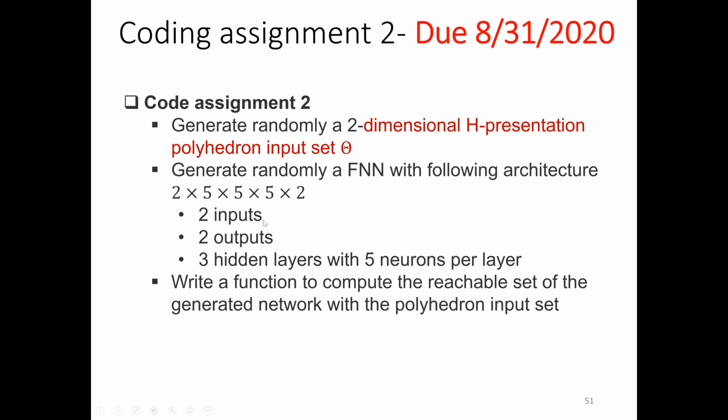That means you have two inputs, two outputs, 3 hidden layers with 5 neurons per layer, and then you write a function to compute the reachable set of the network you generate with the polyhedron input set. So that's another homework for you to do.